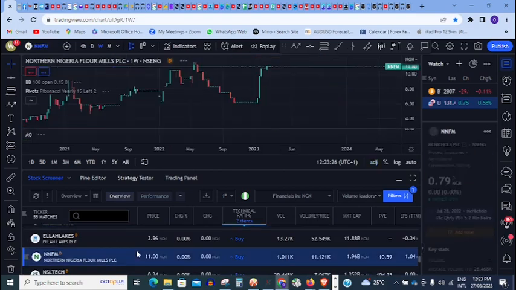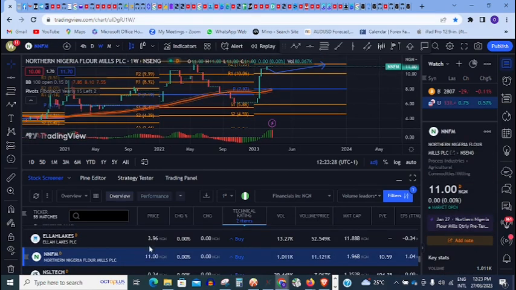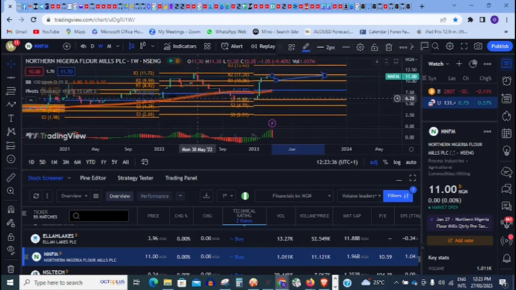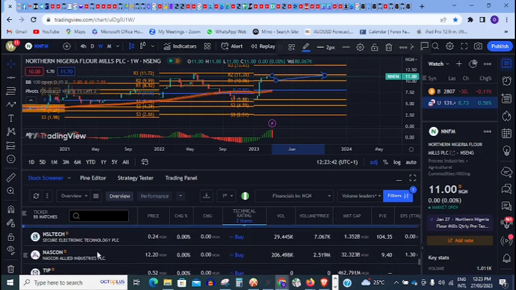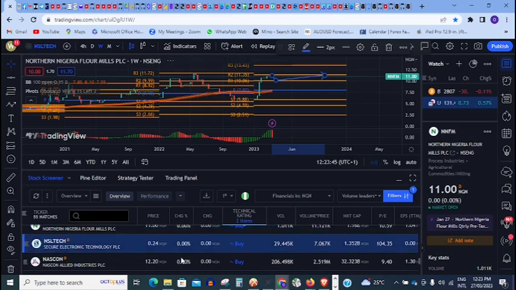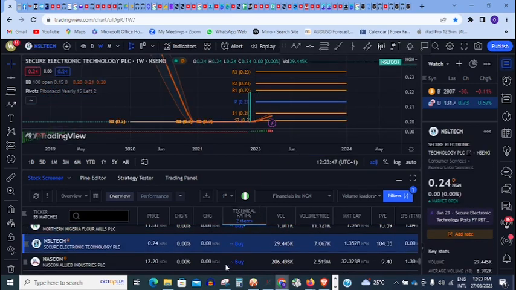Let me check NNF. Okay, this is what I would like to trade. I want a pullback, then take my entry. We are currently at a major resistance. Let me take one or two more.